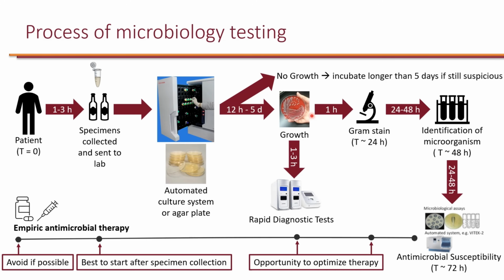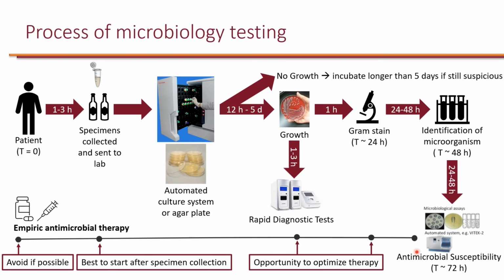And then, once we get rapid diagnostic results, that's your first opportunity to optimize treatment. So based on what you find, you may be able to change the antibiotics to have something that's better for the patient. The same with gram stain results, you can change the antibiotics.